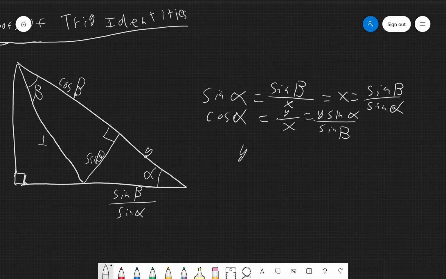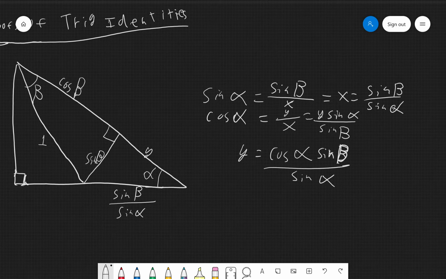So y is equal to the cosine of alpha times the sine of alpha over the sine of beta, multiplied by sine of beta over sine of alpha.